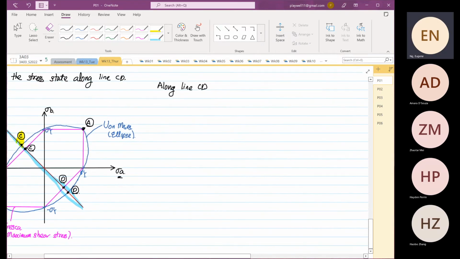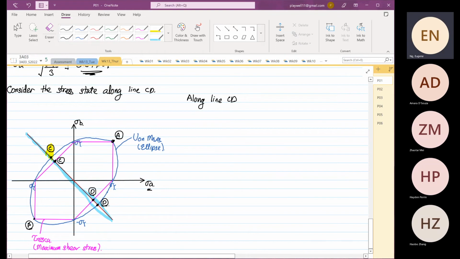Along line CD, what we can see is that sigma A is equal to minus sigma B, always. We also know that sigma A and sigma B are the principal stresses.